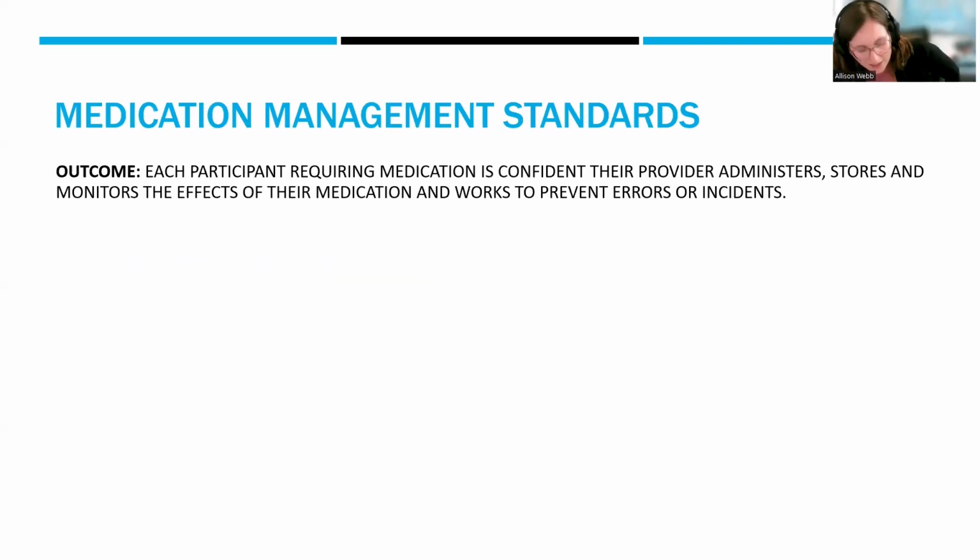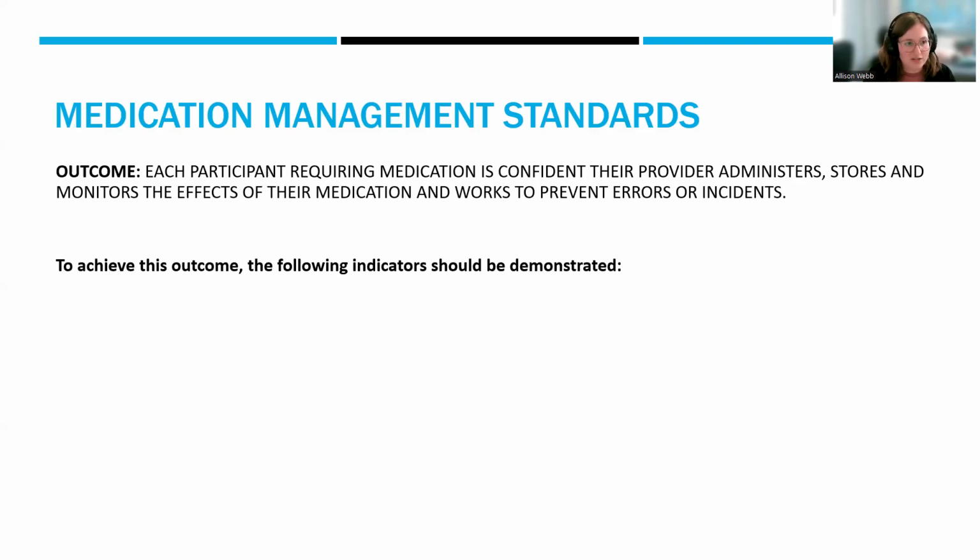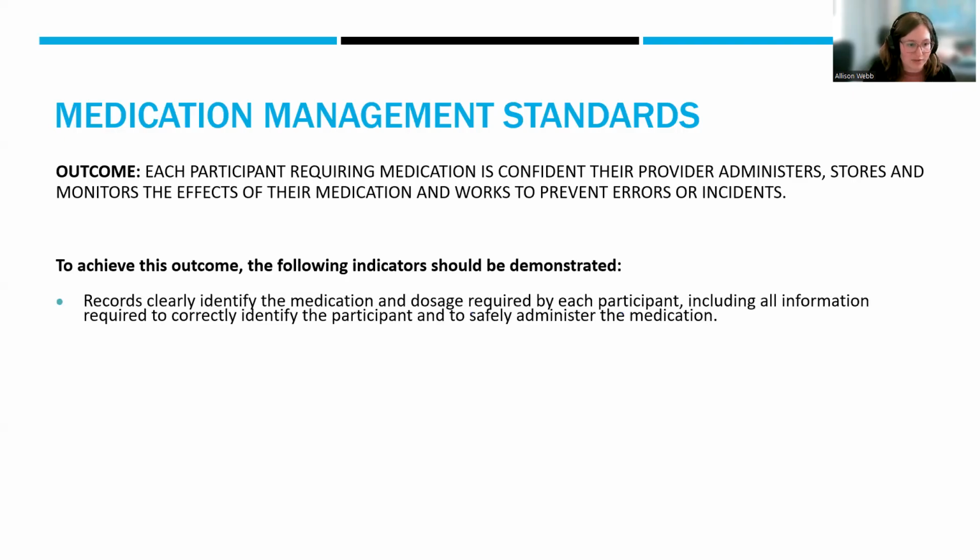So to start with, in the medication management standards for the NDIS, the outcome is that each participant requiring medication is confident their provider administers, stores, monitors the effects of their medication and works to prevent errors or incidents. There are 3 indicators within this standard. That records clearly identify the medication and dosage required by each participant, including all information required to correctly identify the participant and to safely administer the medication.